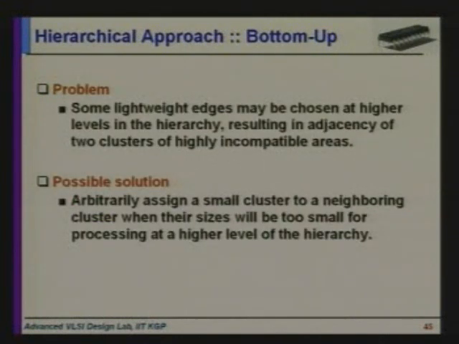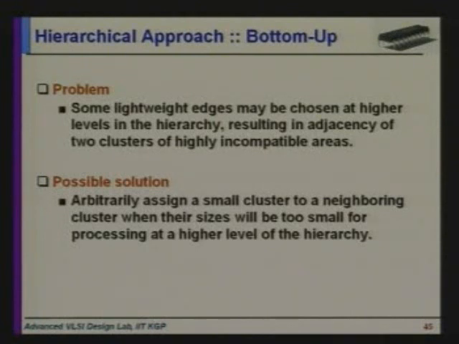The problem is that some lightweight edges may be chosen at a higher level of hierarchy, resulting in adjacency of two clusters of incompatible sizes. That means there is a lightweight edge and I have a single small component. I don't consider it.